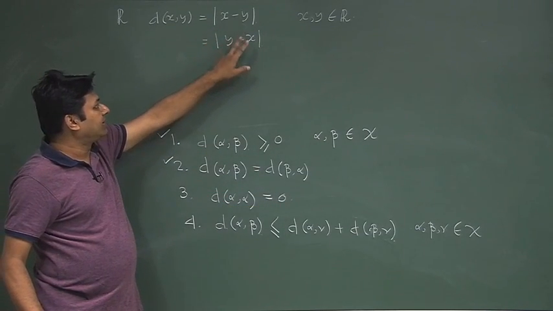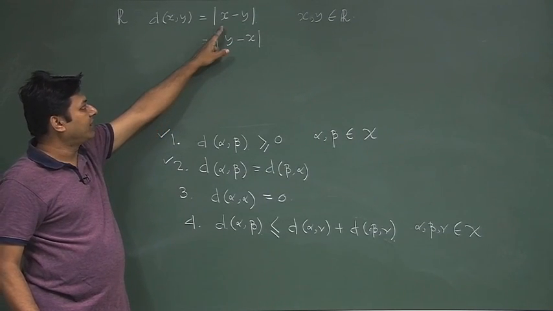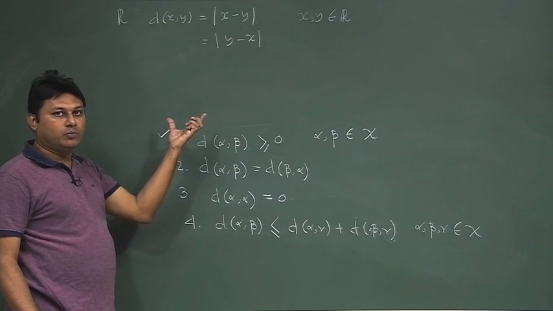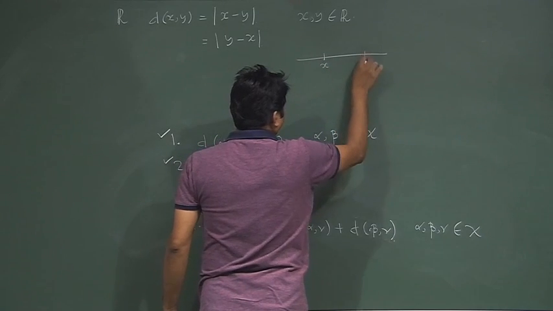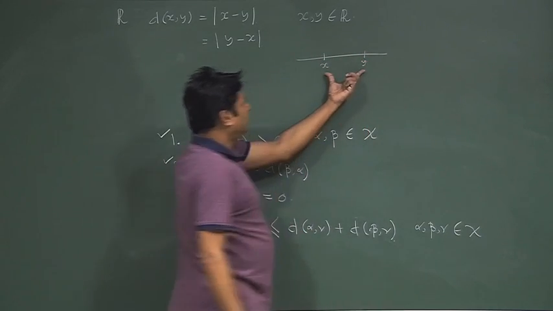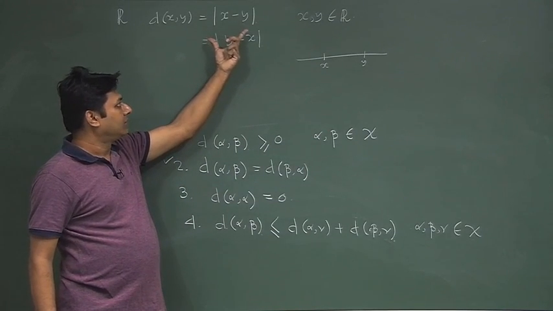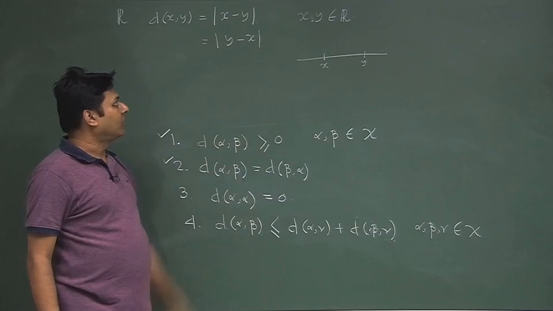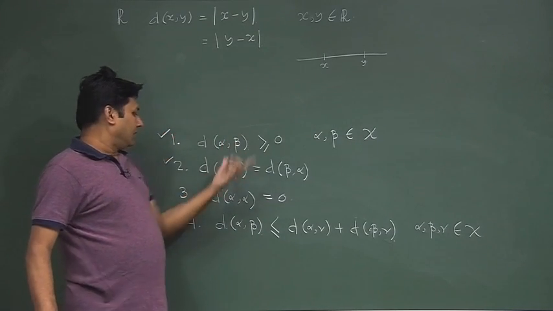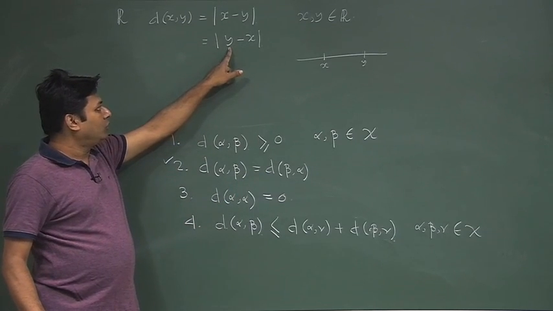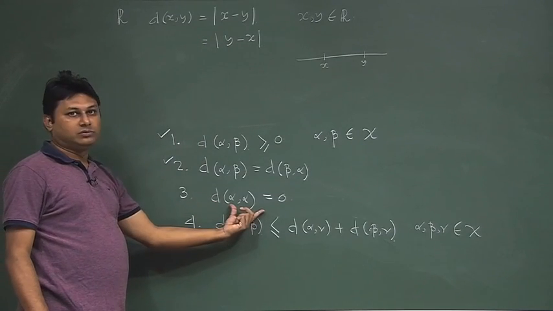If I take x in both cases or y in both cases, I find that d, defined like this, is the distance between two points on the real axis, x and y. Not only the distance but the mod of the distance, the magnitude, not only the numeric value. When x equals y, these two are the same and I will have 0, no doubt about that.